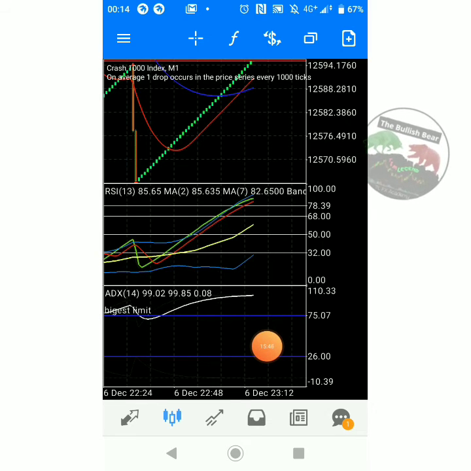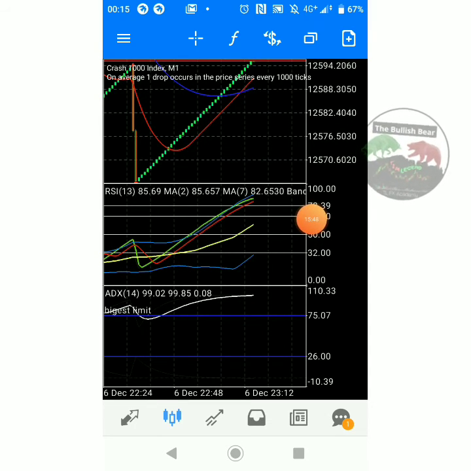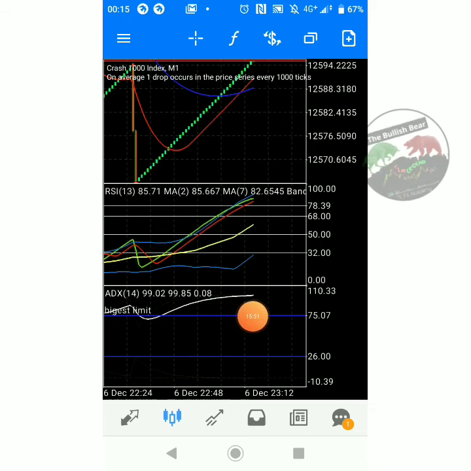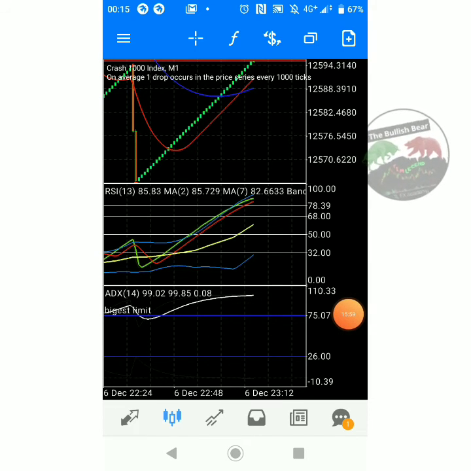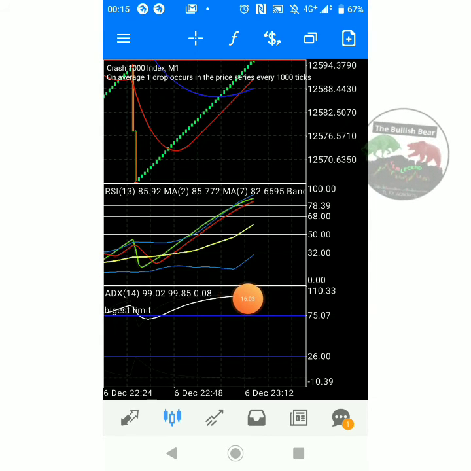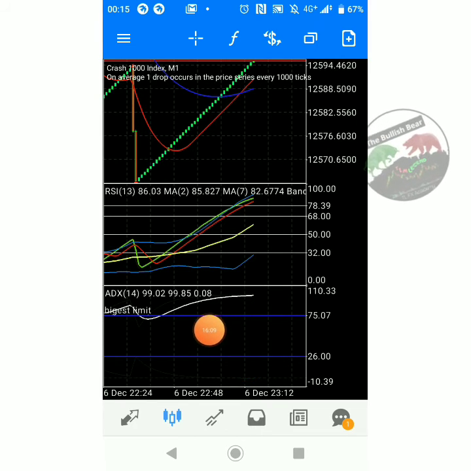It's not on a trend, it's not going up, it's not coming down, it's just moving flat straight. And that's not a good time to be in the market. It's a time to leave the market and allow the market to get to a trend, so that you know whether it's bullish or bearish. So if this white line goes below 26, it means the market is consolidating. But when it goes above, it means it's trending.